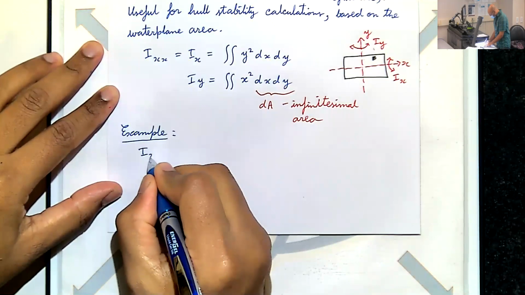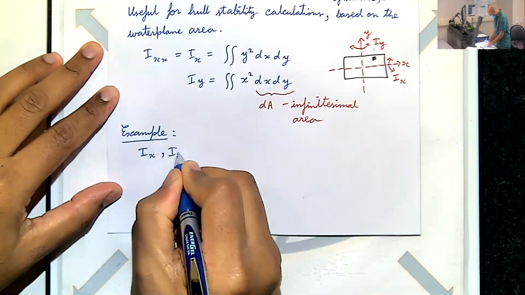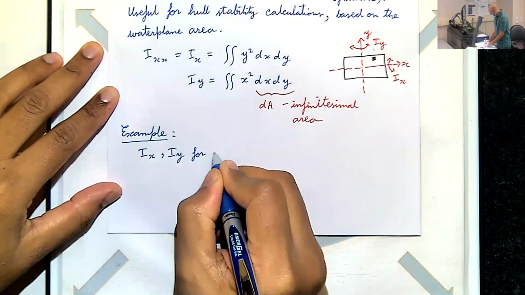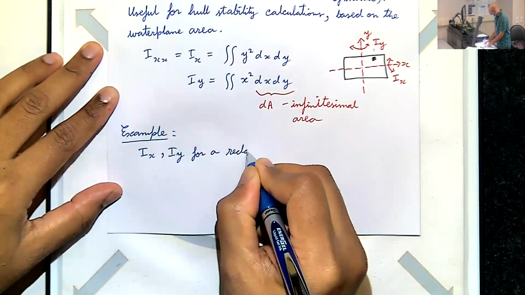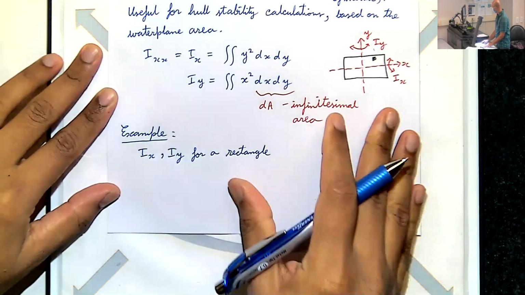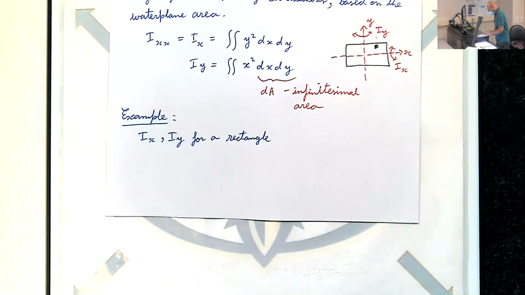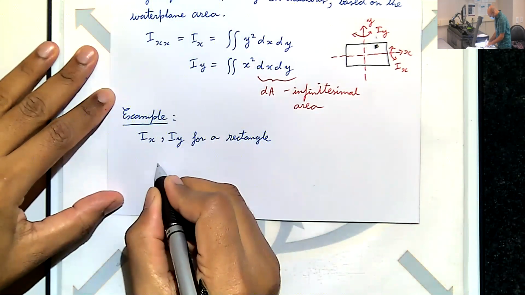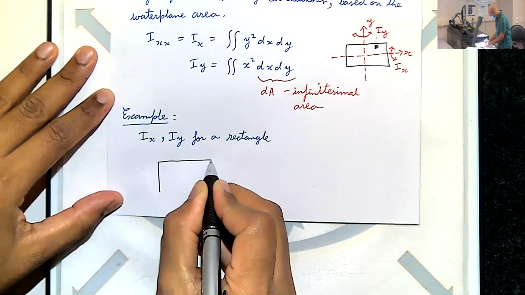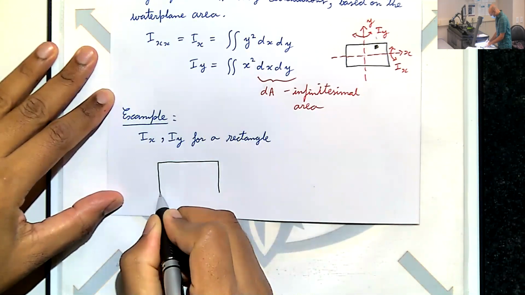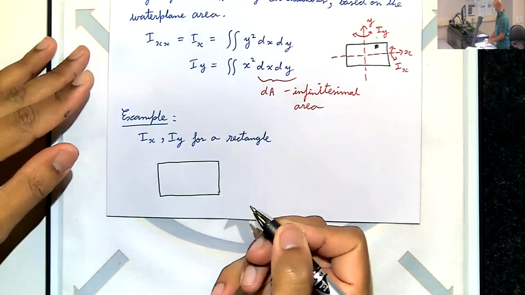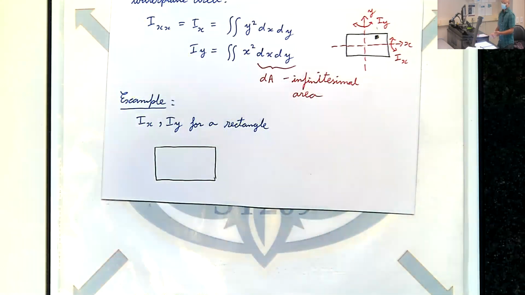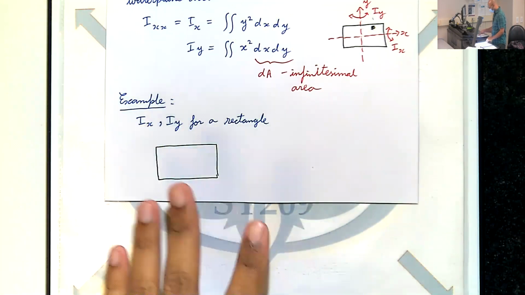What is Ix, Iy for a rectangle? Talking about rectangles is not completely useless. If you're designing a barge, the cross section is basically a rectangle, and the water plane area would be more or less a rectangle.